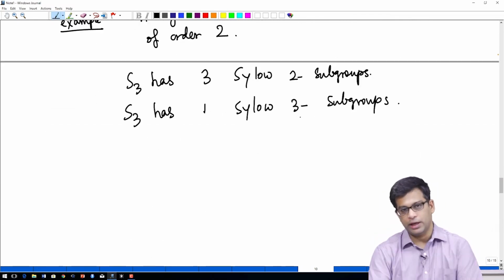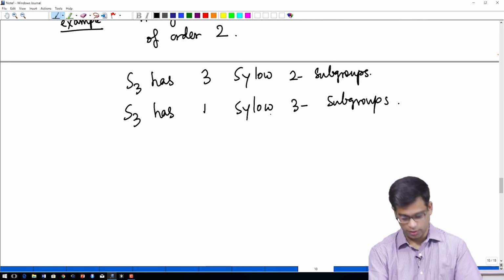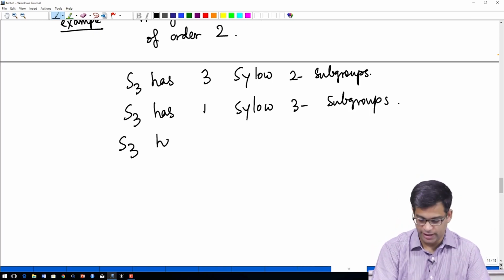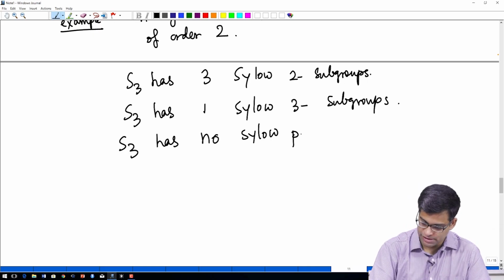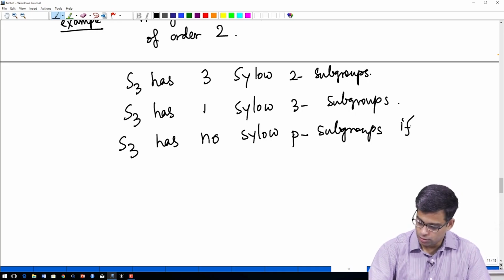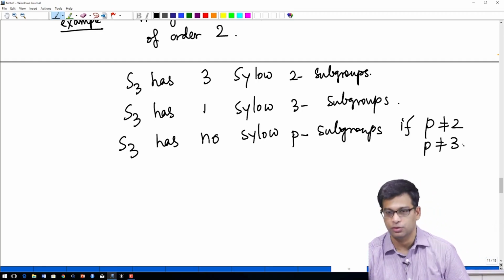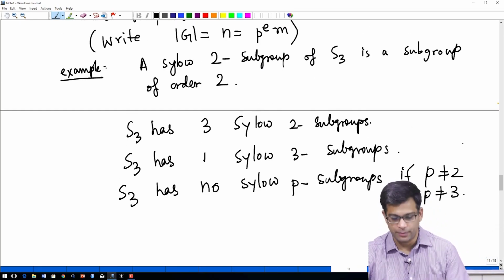So a Sylow 3 subgroup has order 3, and there is only one subgroup of S3 which has order 3, and S3 has no Sylow p subgroups if p is not equal to 2 and p is not equal to 3, because that prime does not divide the order of S3, which is 6.